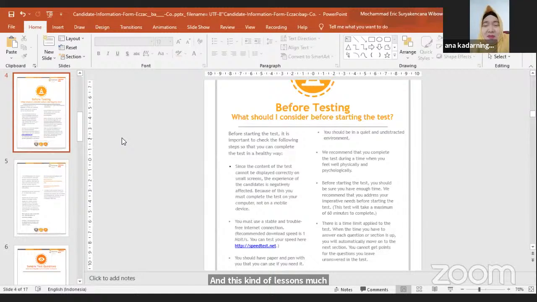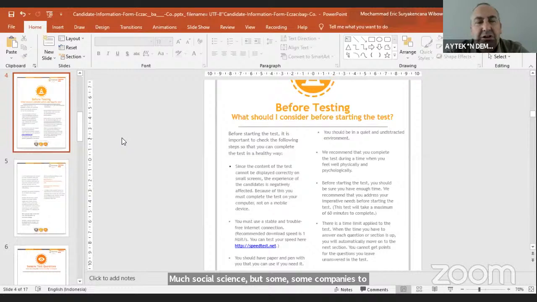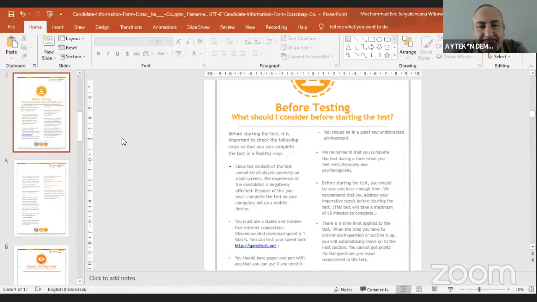But some companies choose some questions in social science too. Not all of them are the same. All companies produce their own tests. Amelia.